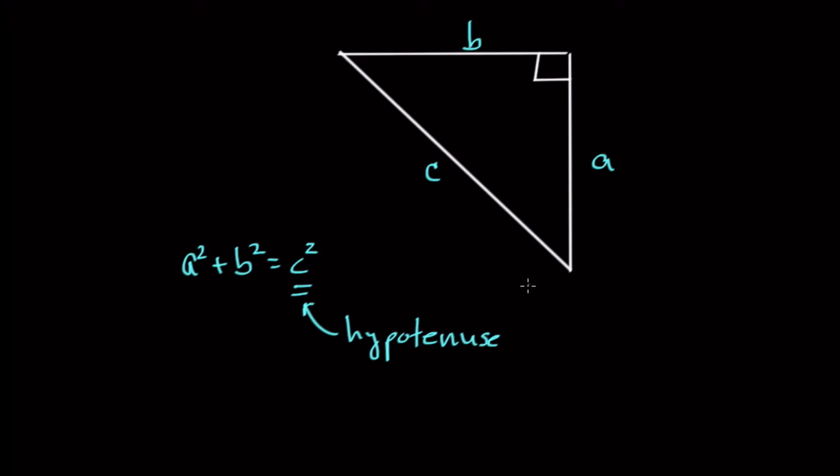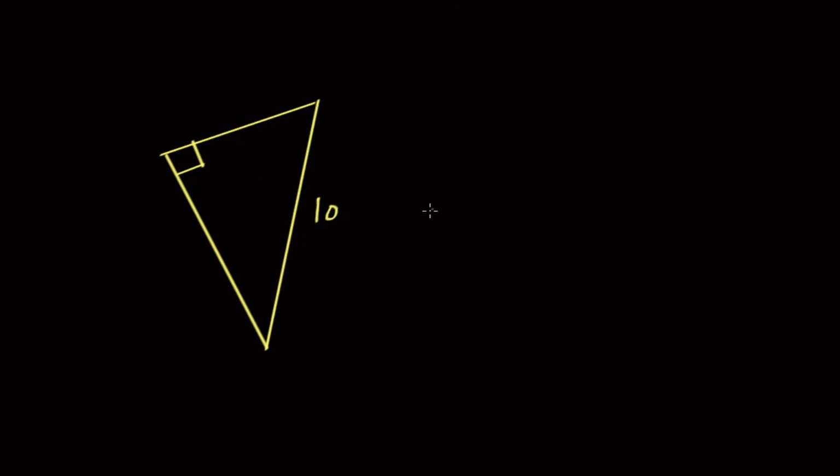Now let's go over a real example. Let's take a right triangle and apply the Pythagorean theorem to find an unknown side. That little box tells me that it's a right angle. Let's say I know this is 10, I know this is 6, and I want to know what this is, and I'll call it y.